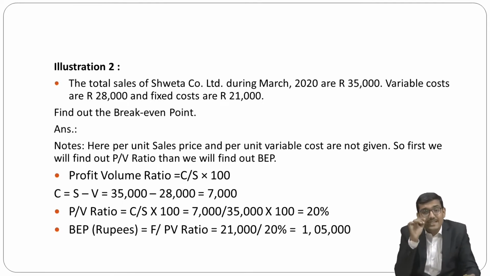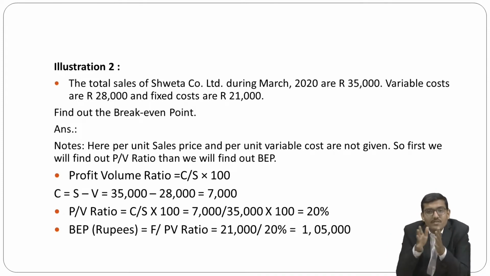But in this example, if I want to find out whether the Shweta Company Limited during March 2020 got how much profit or loss, then how can it be applied?